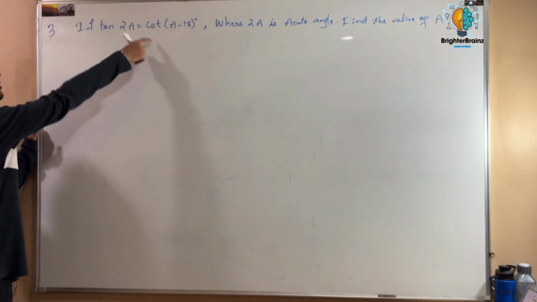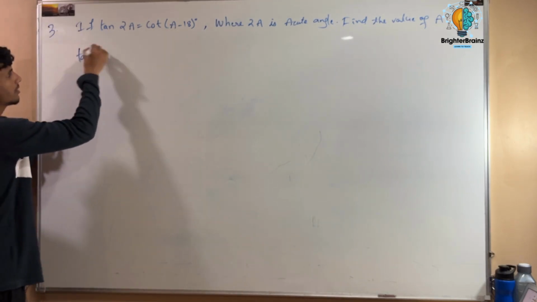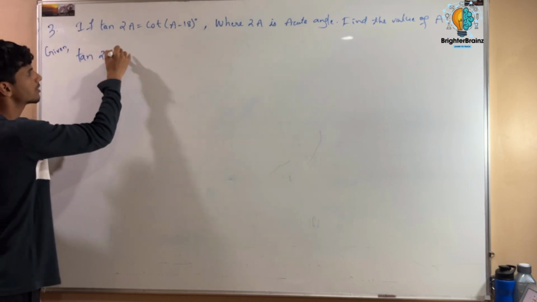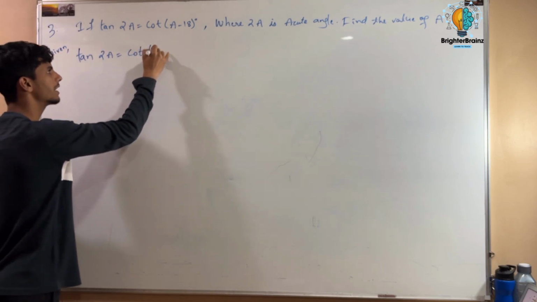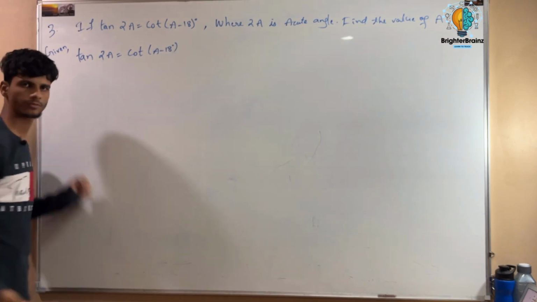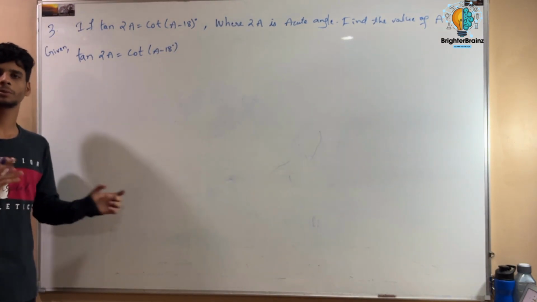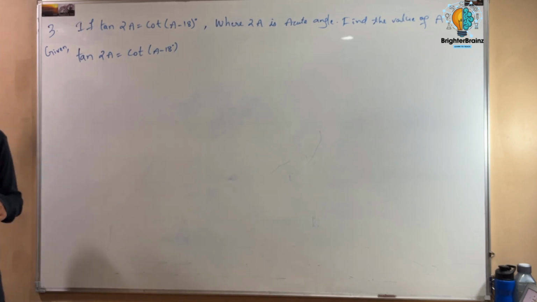First take the given equation. What is the given equation? Given tan 2a is equal to cot of a minus 18 degrees. Okay. Same concept as yesterday, trigonometric ratios of complementary angles.